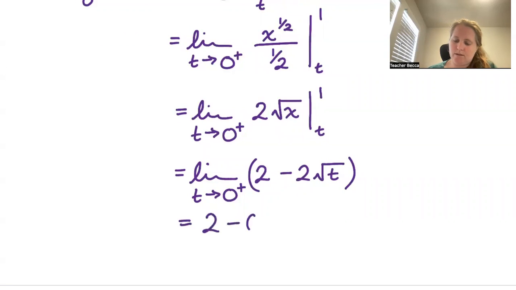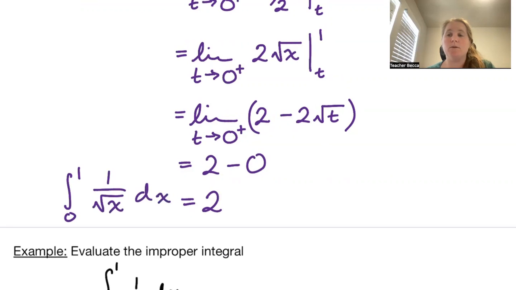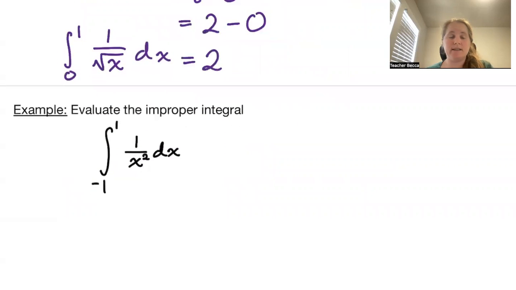So we have 2 minus 0, better known as 2. So the definite integral from 0 to 1 of 1 over the square root of x dx is equal to 2. Now let's go ahead and take a look at another integral, which we will have to split.